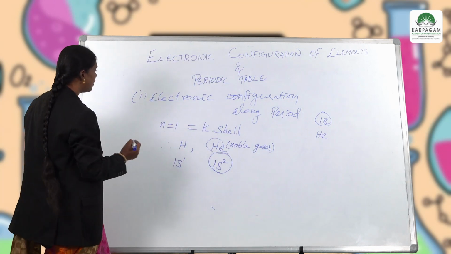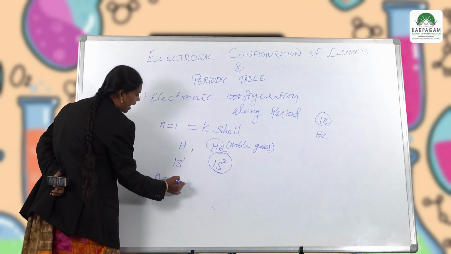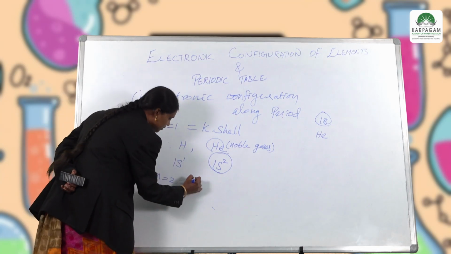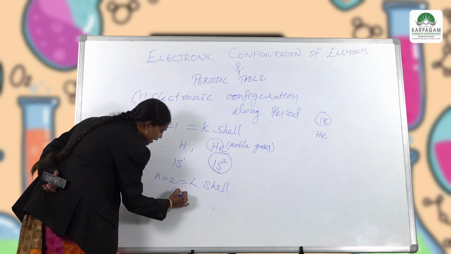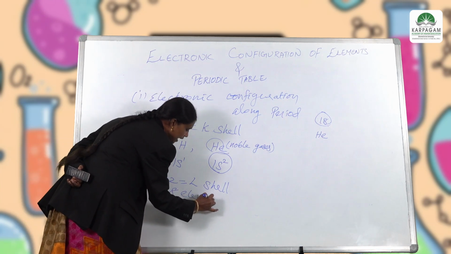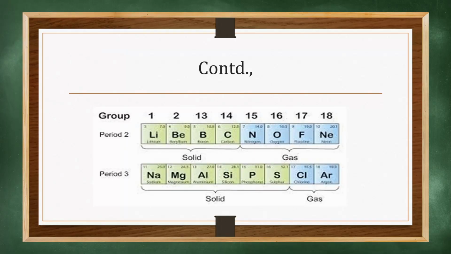In n equal to 2, that represents the L shell, and we have 8 elements, starting with lithium, beryllium, boron, carbon, nitrogen, oxygen, fluorine and neon.